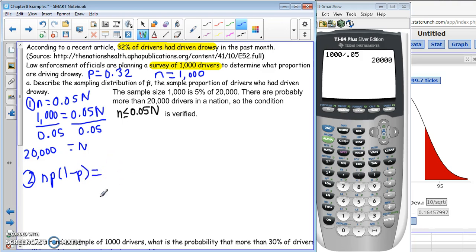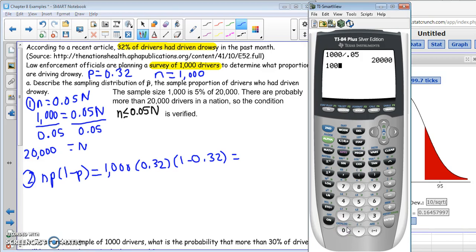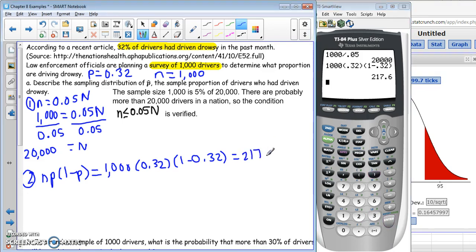So n times p, so n is 1,000, p is 0.32, and then 1 minus 0.32. I'm going to type that in my calculator here, so 1,000, open parenthesis 0.32, close parenthesis, open parenthesis, 1 minus 0.32, close parenthesis, enter, we get 217.6, which is greater than 10.